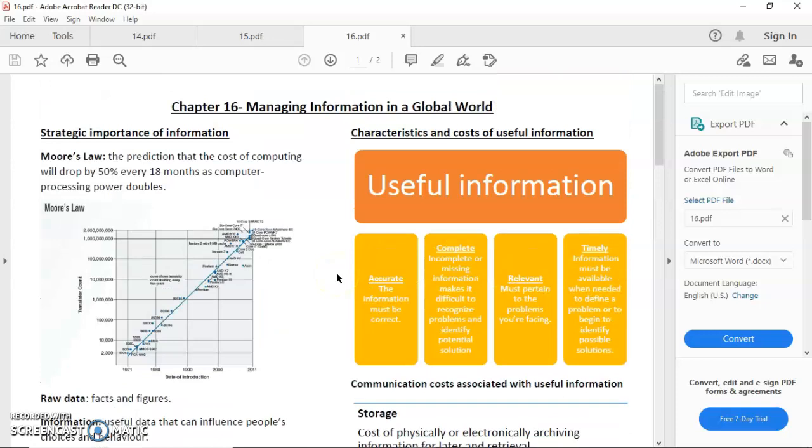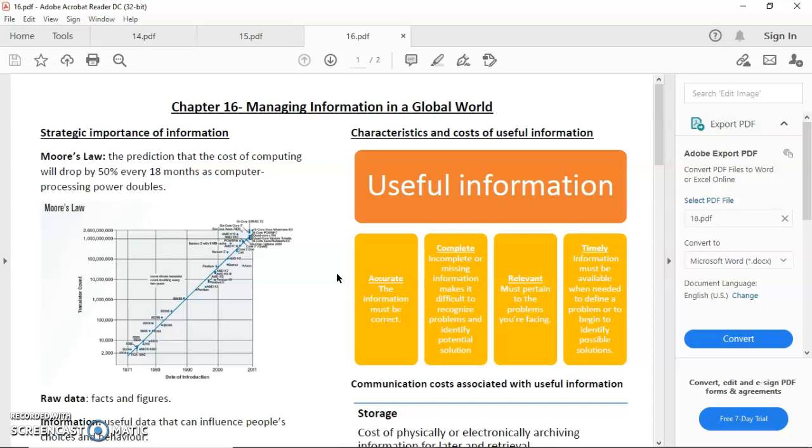Also, the characteristics and costs of useful information are accuracy. So the information must be correct. The completeness. So incomplete or missing information makes it difficult to recognize problems and identify potential solutions.